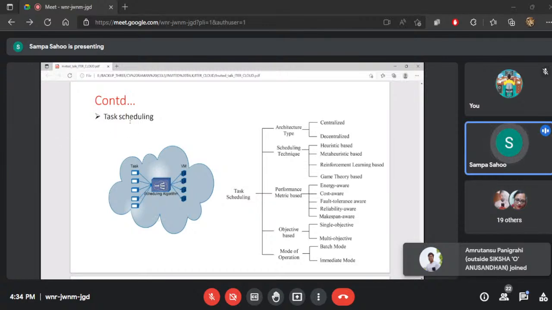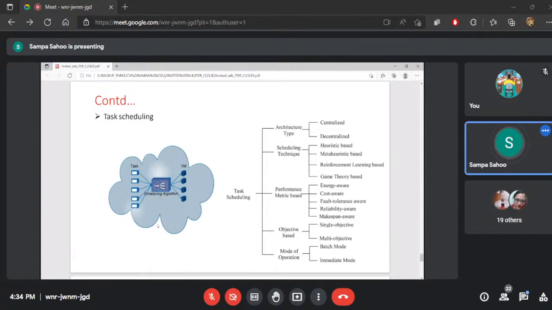Basically, scheduling algorithms are designed so that the incoming tasks of the cloud are scheduled to virtual machines in a way that reduces power consumption.